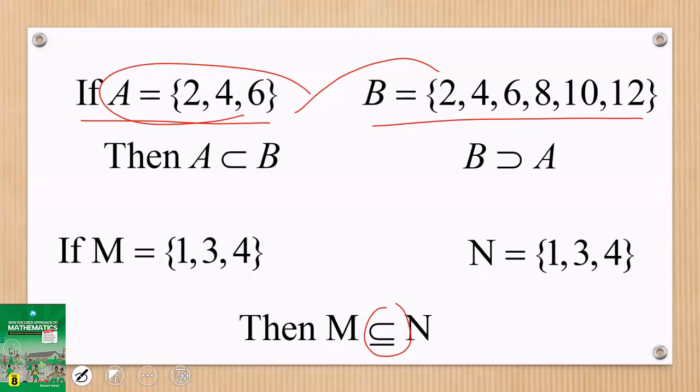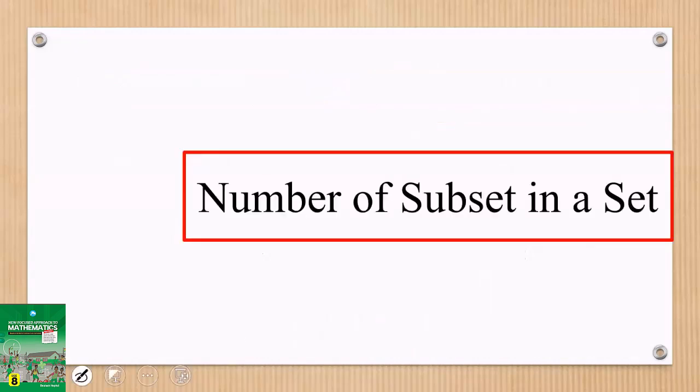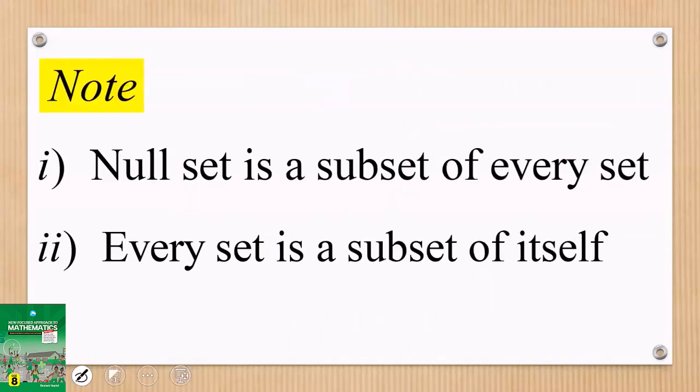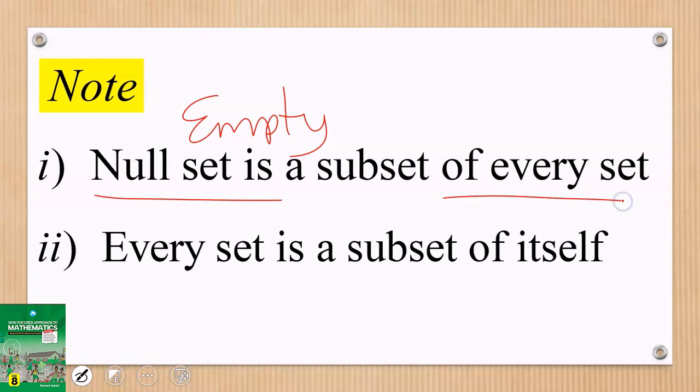Now let's look at how we can know how many subsets we can create out of a particular set. Before we do that, I want you to take note that the null set or empty set, which you have read about in the types of sets, is a subset of every set.